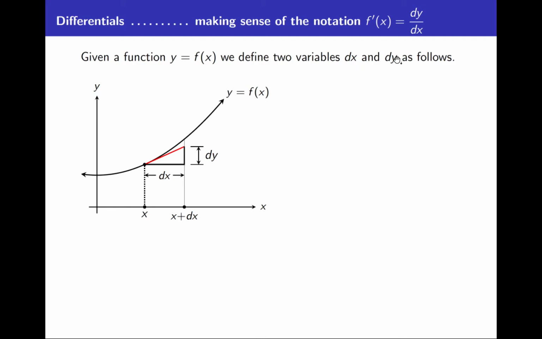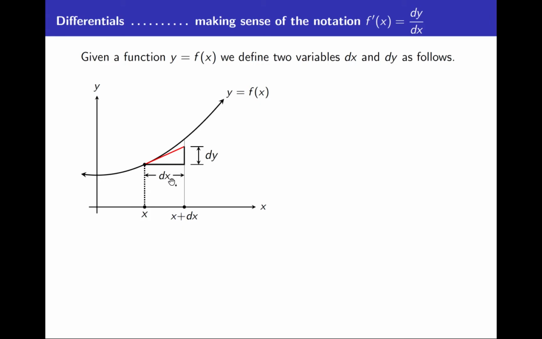So dx and dy are variables that equal the run and the rise of this triangle, respectively. If you look at the way this is configured, dy divided by dx is rise over run for this triangle, and that's the slope f prime of x.